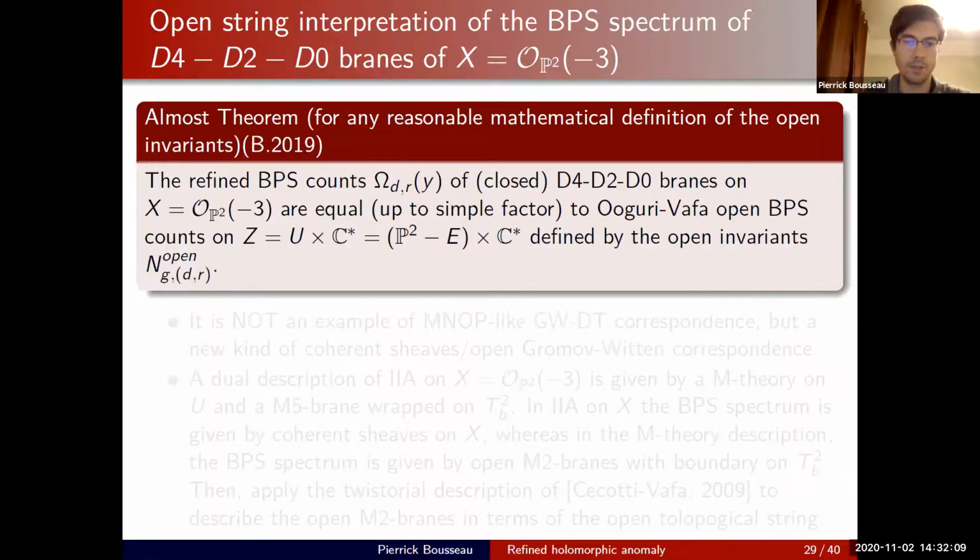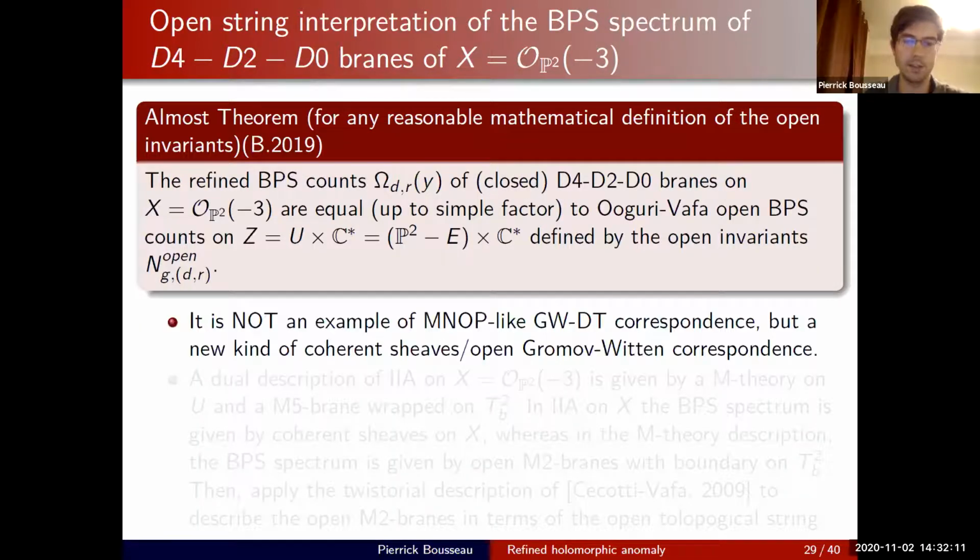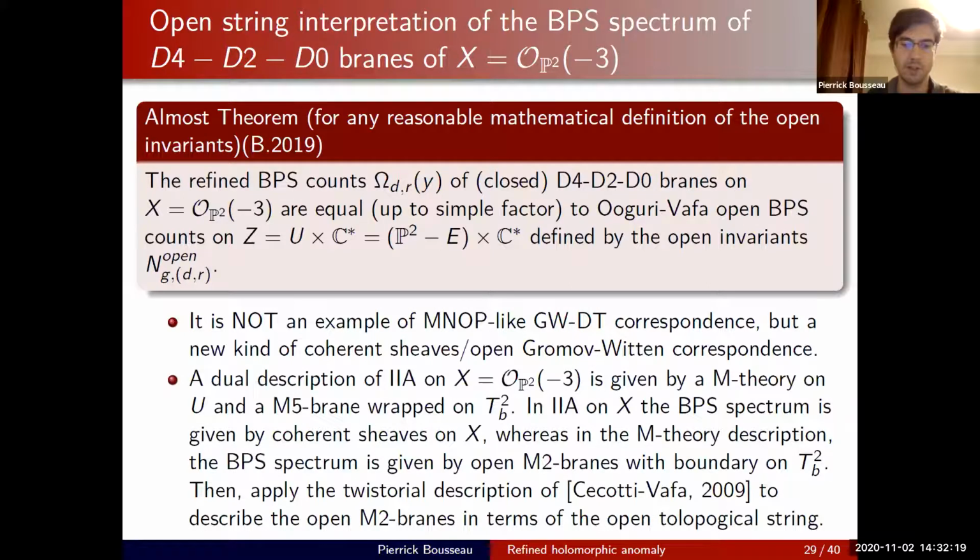And here I stated again, and I think this is not an example of MNOP-like Gromov-Witten/DT, but it's exactly, as Mina said, the Cecotti-Vafa story.